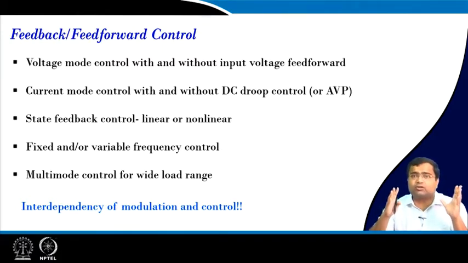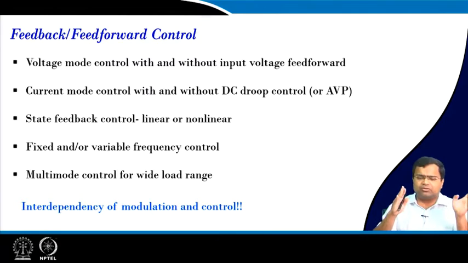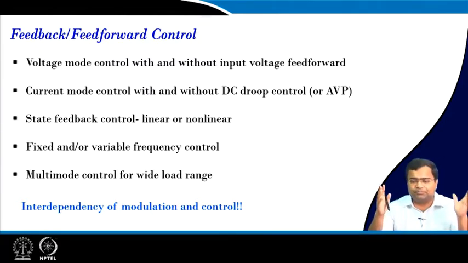With the modulation and control, they are not totally independent. If you take feedback voltage control, you can use either pulse width modulation or constant on time modulation. Similarly, in current mode control, you can have various modulation techniques which will translate your feedback signal into the duty ratio, the on and off time.